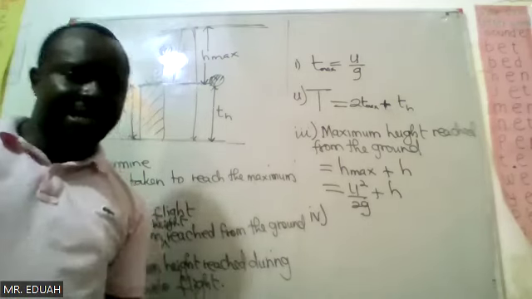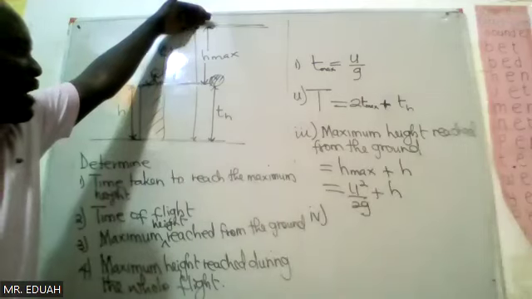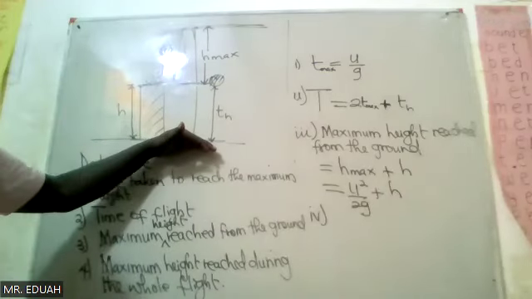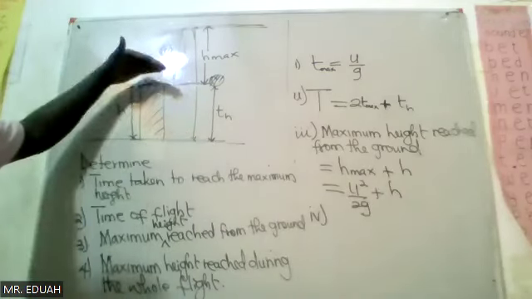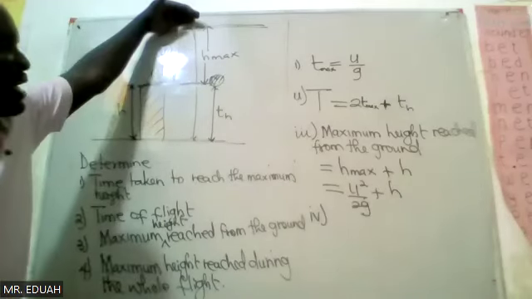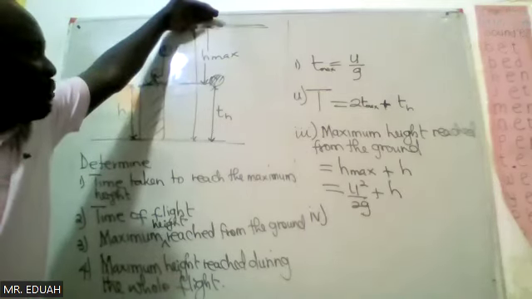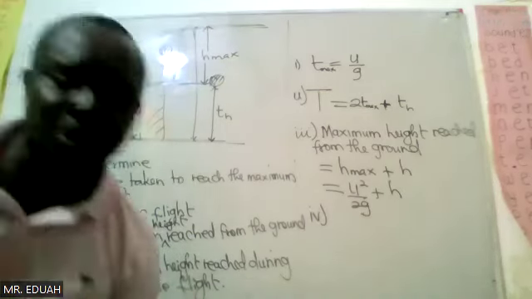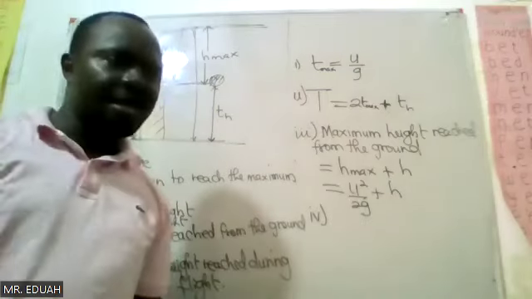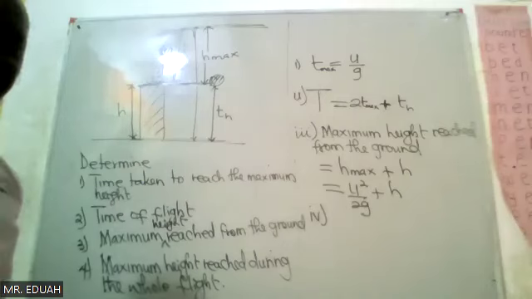From when it was thrown, getting to the maximum height and dropping to the ground. I want somebody to help me derive this relation. Maximum height reached during the whole flight.